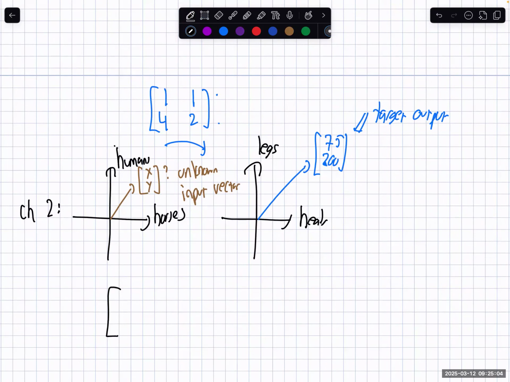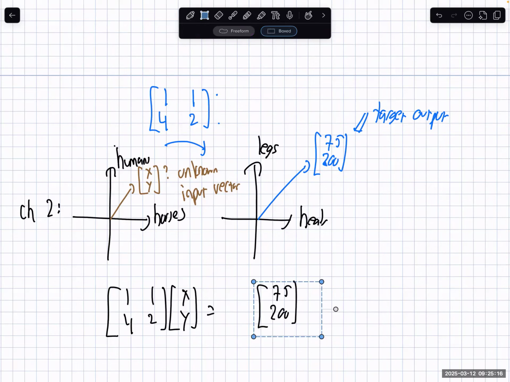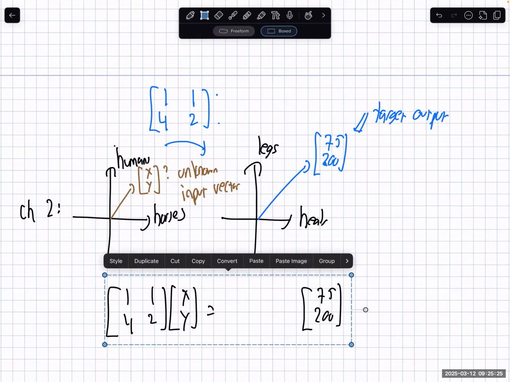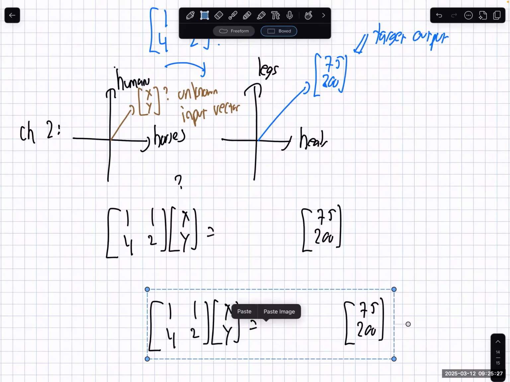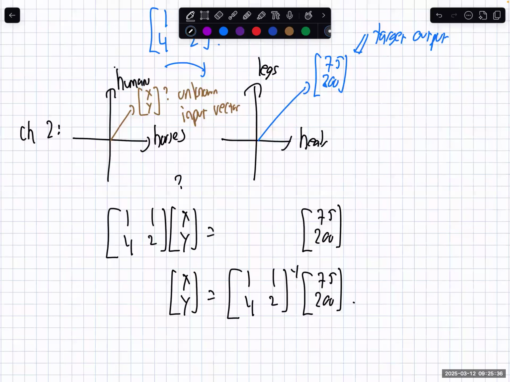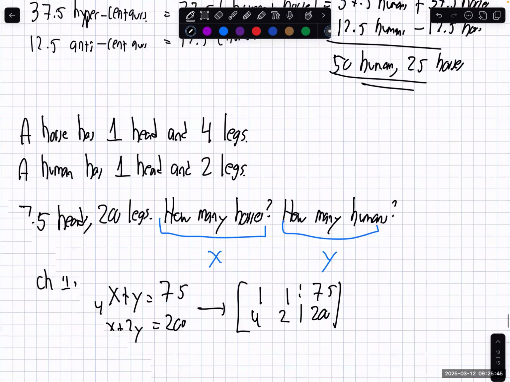So just a quick review. What we're trying to do was find the input here that produced that output. And we remembered that we can put this on the other side of the equation as the inverse, do some calculations, and get, is it 15, 100? Yeah, 25, 50.